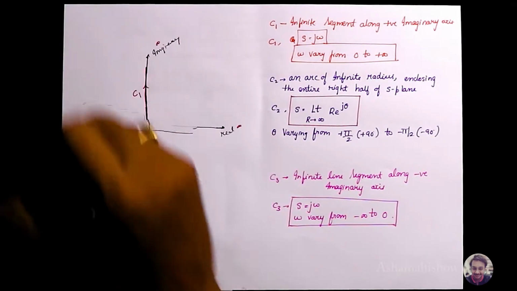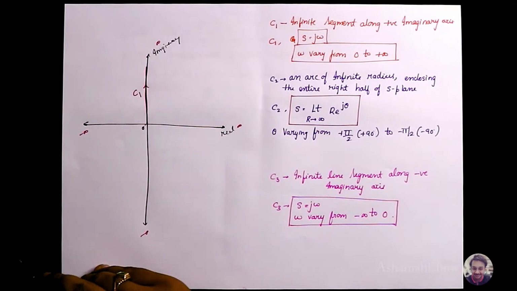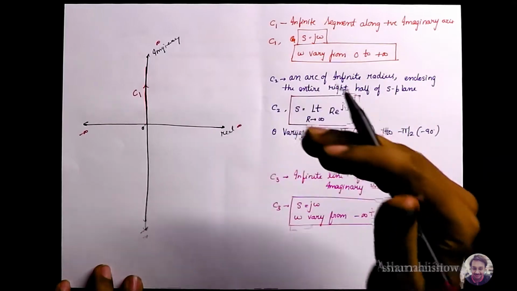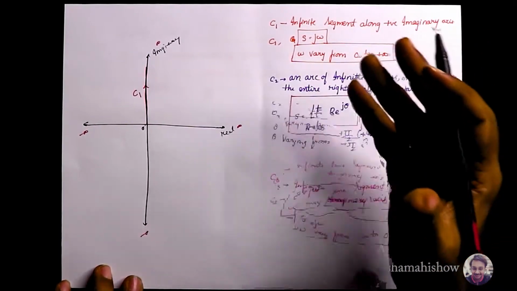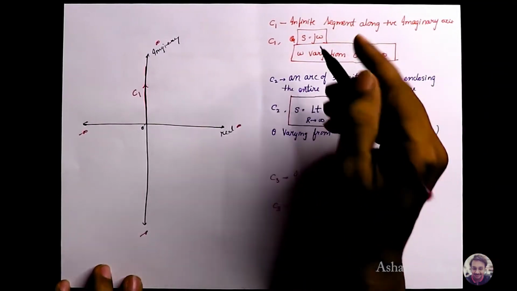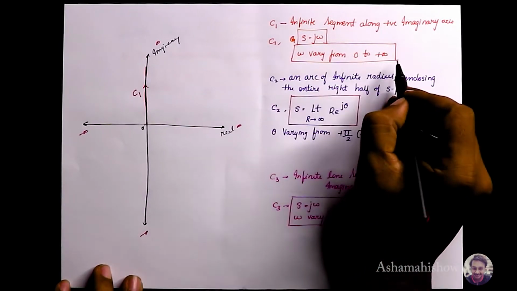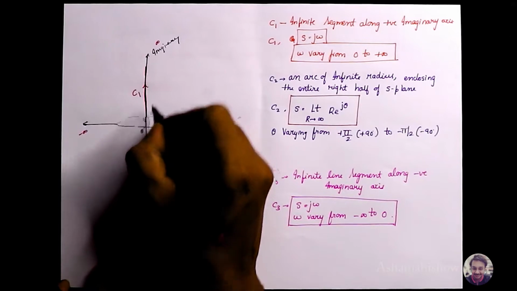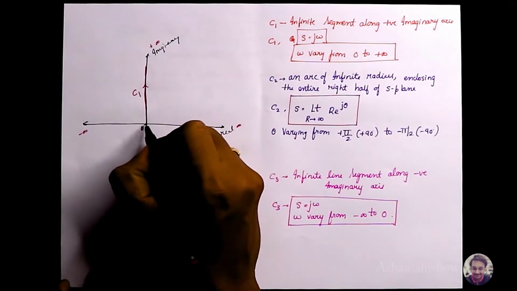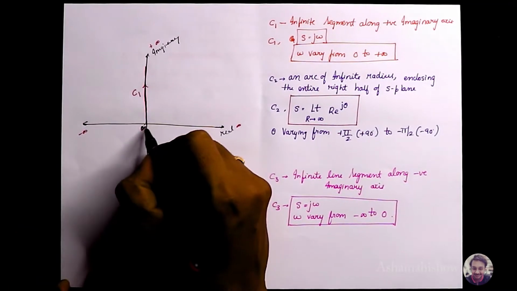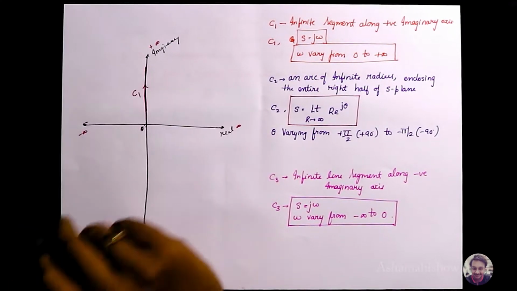It goes on like this if we draw on, so I'm just stopping it there. That is given as s equal to j omega, which we already know. When we get a transfer function of 1 plus sT, we will be replacing that s with j omega. So s equal to j omega, and your omega varies from 0 to infinity. So C1 is the first outline we have taken.